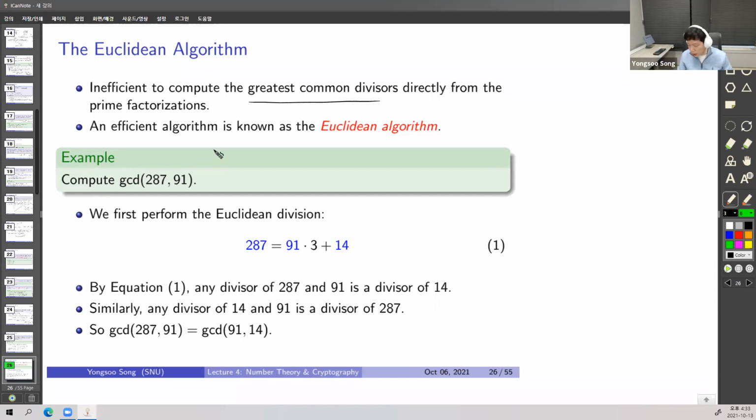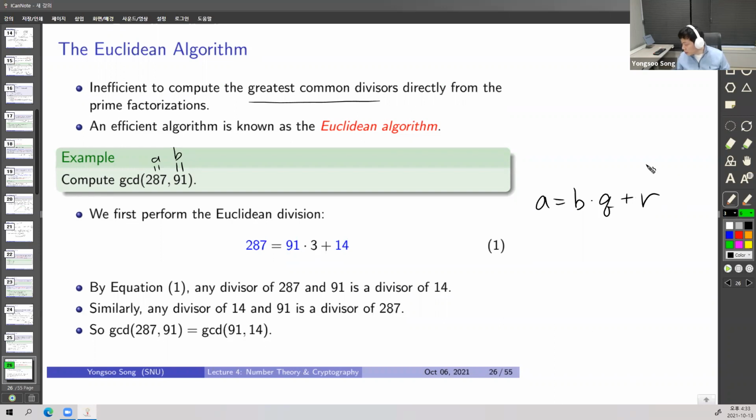What we are doing here is that when you compute GCD of two integers, say A, B, you just divide A by B using Euclidean division. So if you divide A by B, then you have a quotient Q and remainder R, right?